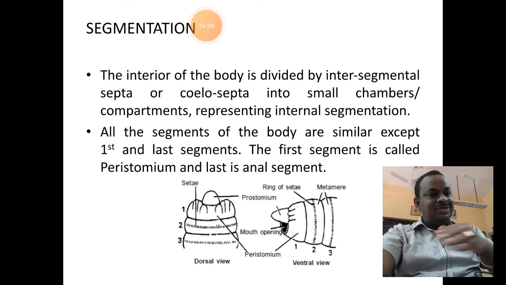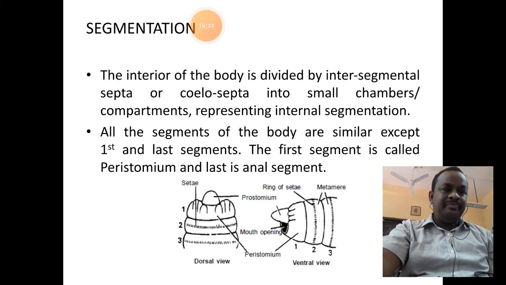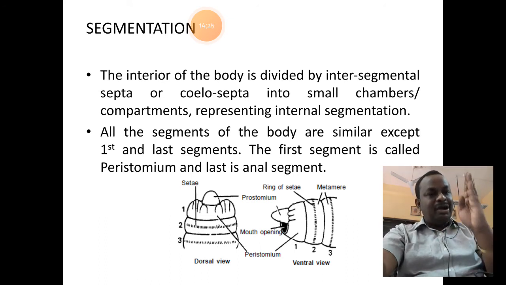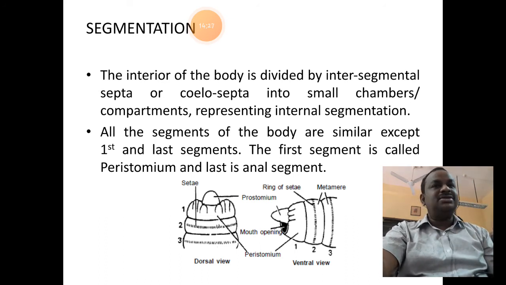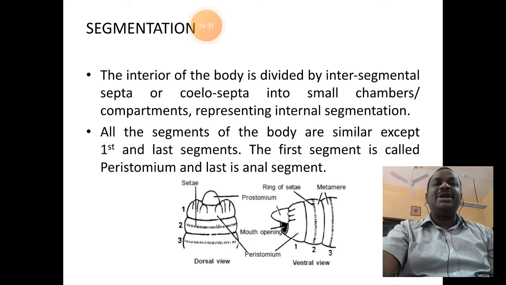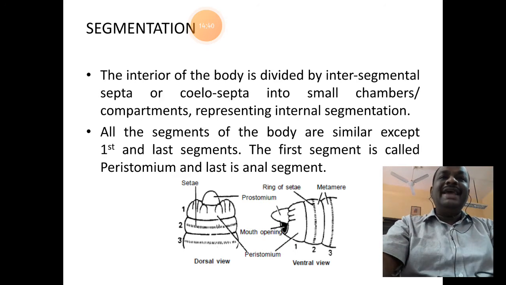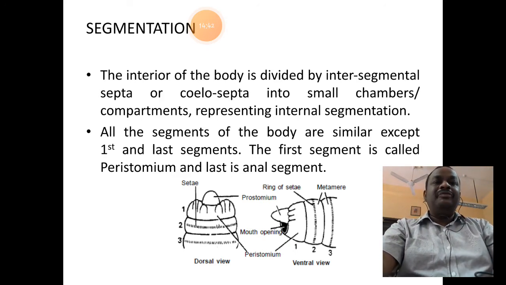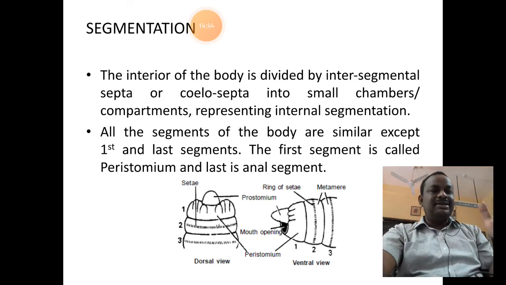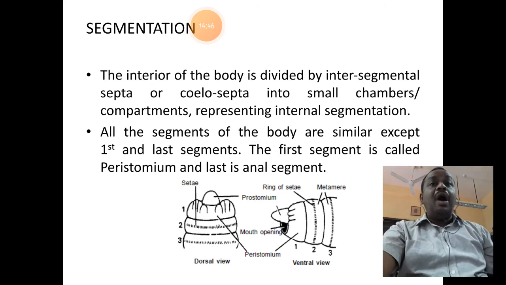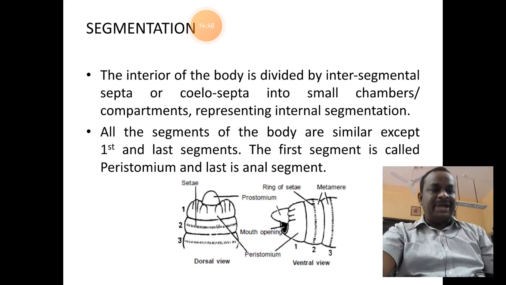So, outside there is a kind of segmentation appearance, and inside the body there is also internal segmentation. Since the organism has both external and internal segmentation, it is called true segmentation or metamerism. Now, these septae, which divide the body into a number of compartments, also divide the coelom, that is the body cavity.